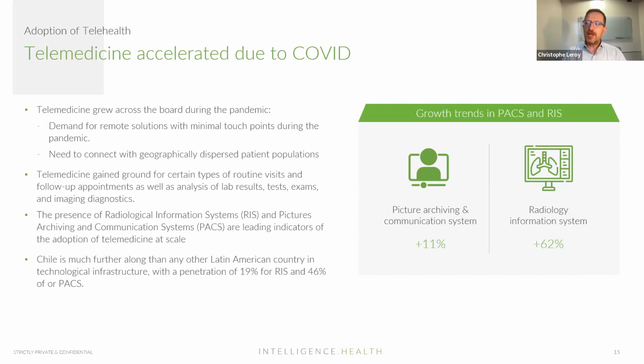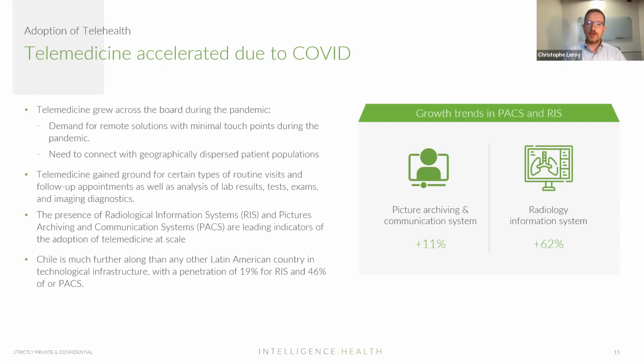And a third consideration has to do with the level of sophistication in telehealth. If we're talking about routine visits or regular follow-ups for patients who've completed their surgery or their treatment, that's one scenario. But if we're talking about more advanced telehealth, where the physician needs to consult diagnostics and imaging, then you need more robust IT infrastructure.